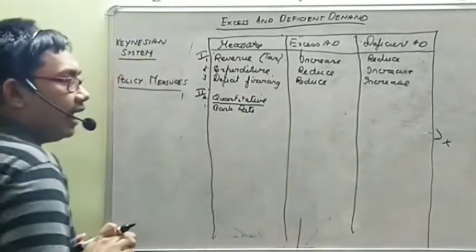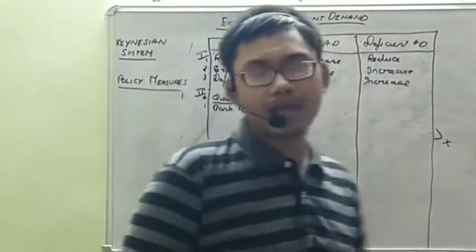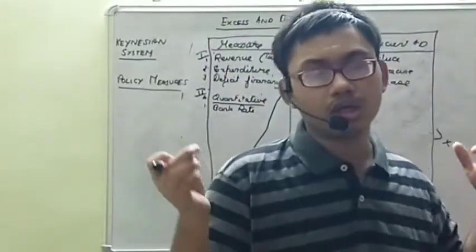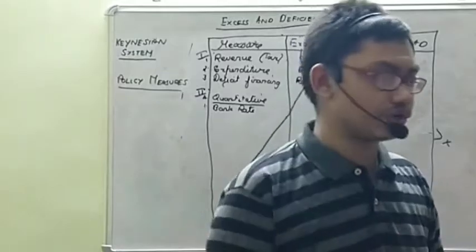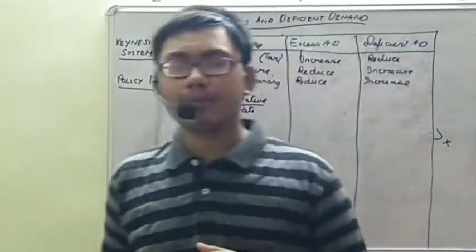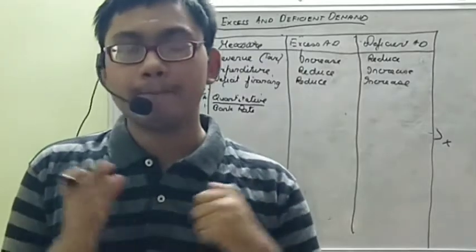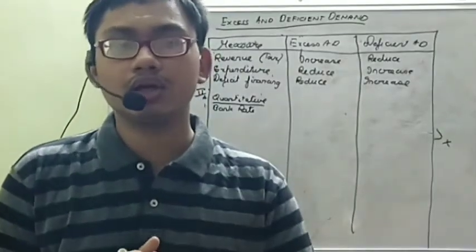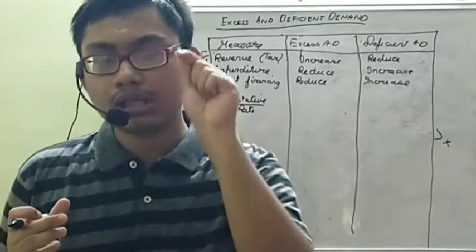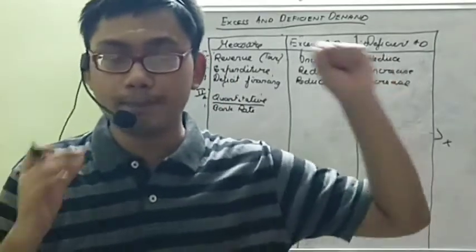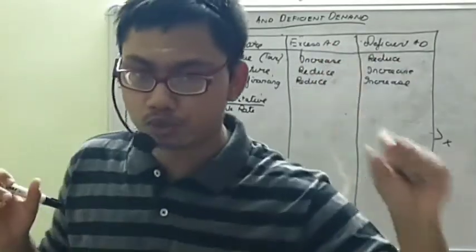Bank rate is the rate at which the central bank lends loan to the commercial banks or financial institutions. What will happen? If the rate is increased, okay, the bank will think, earlier I needed to pay lesser interest, now I have to pay more interest for the same amount of loan.